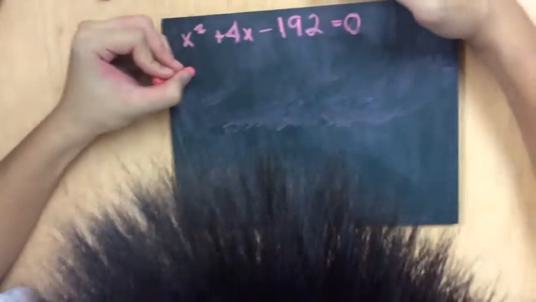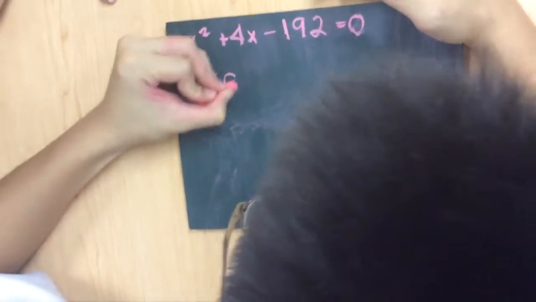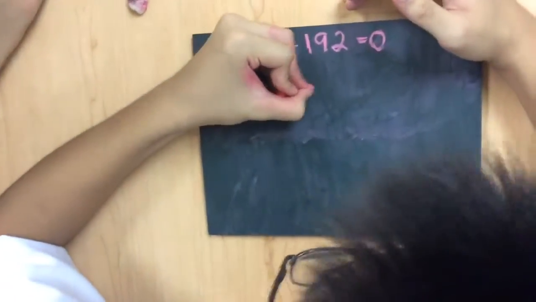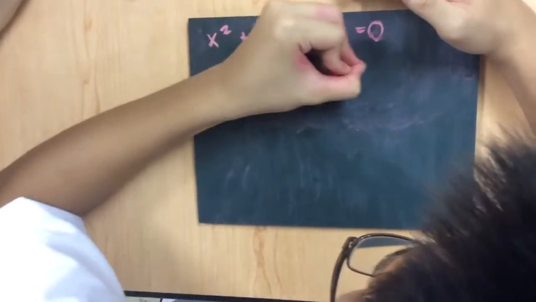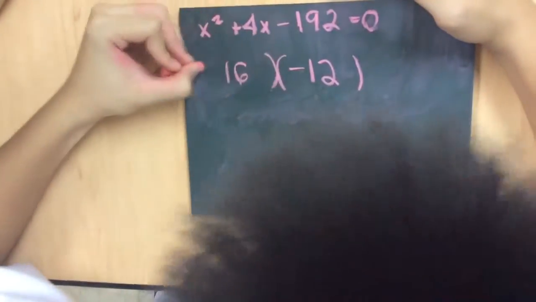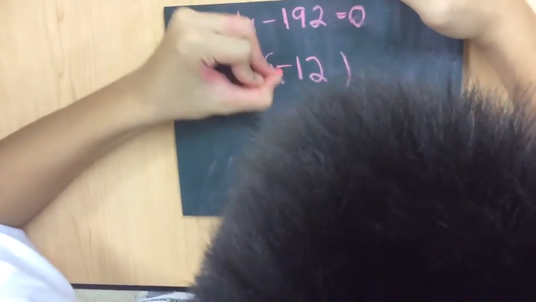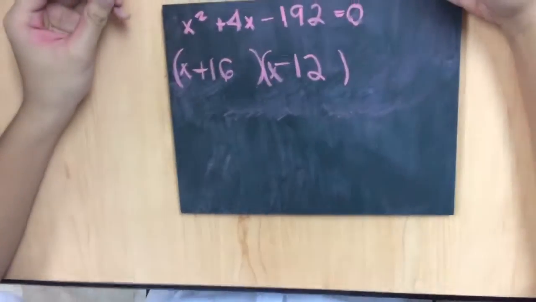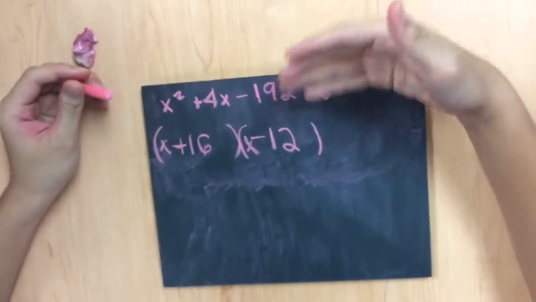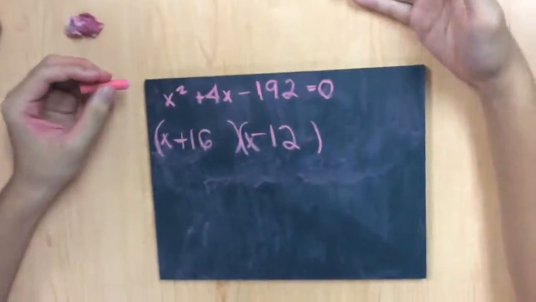Those numbers are 16 and negative 12. Now, you multiply them as such. After this, we use the zero factor property.